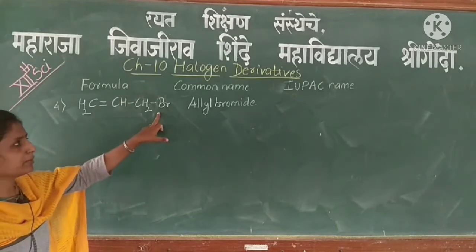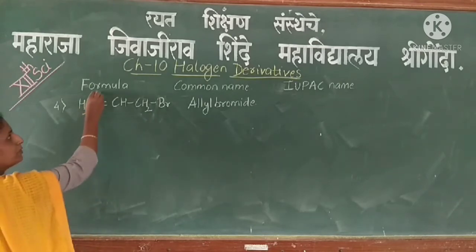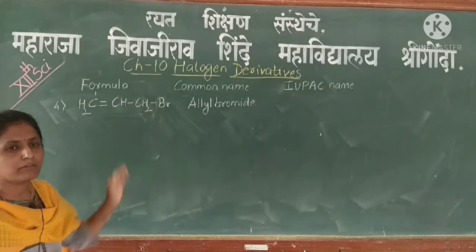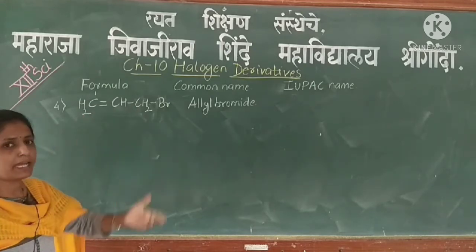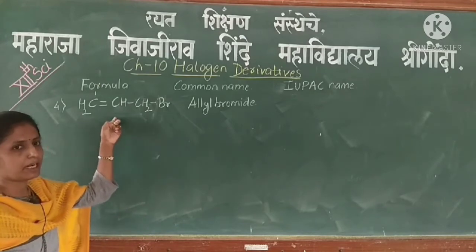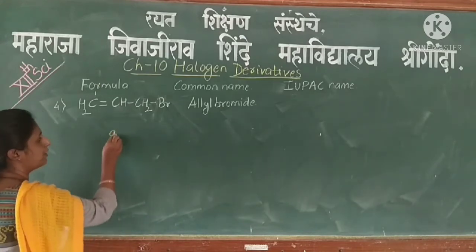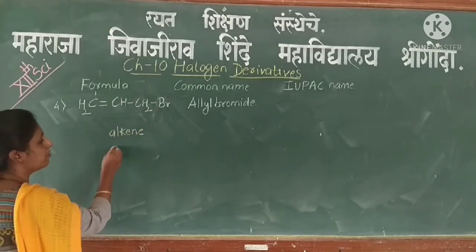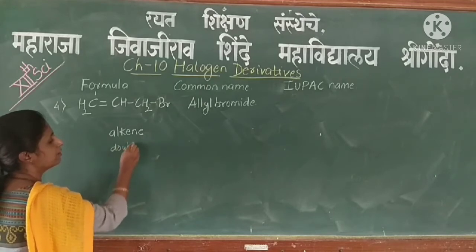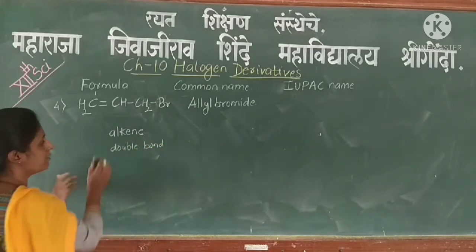Whether we start numbering from this carbon or this carbon, we will start from this carbon, because the rule is to select the longest carbon chain, the parent hydrocarbon. What is this parent hydrocarbon? It is an alkene, and when an alkene is there, the double bond should have the lowest numbering.